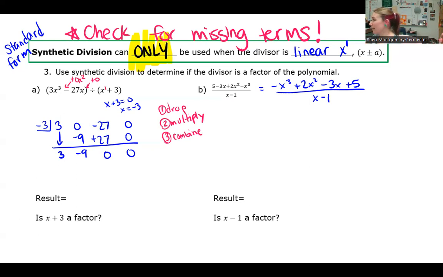So we need to be able to write our answer. Here's what you have to start with. Your answer has to start every single time. You start by labeling the remainder. Okay, you have to start by labeling the remainder.